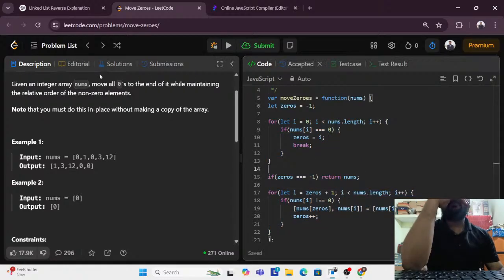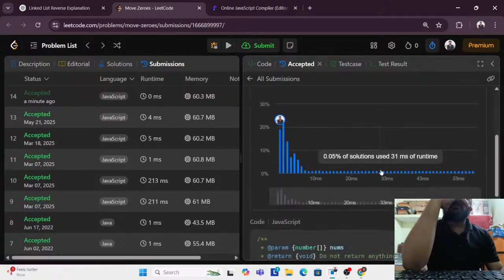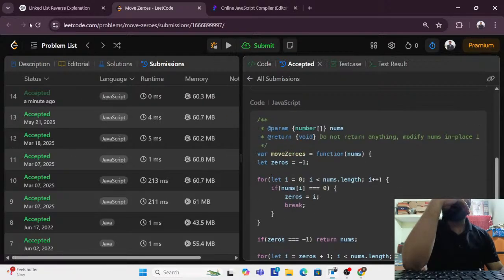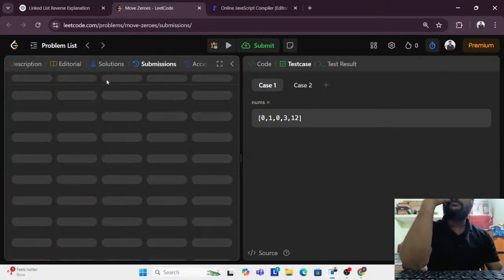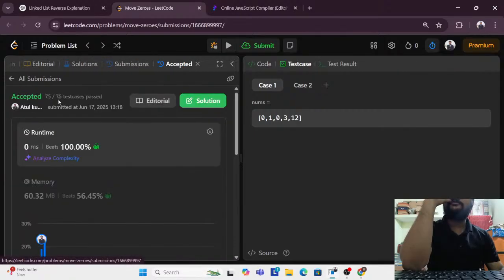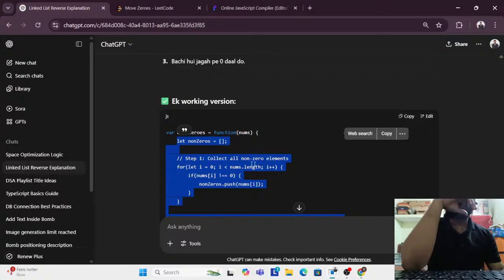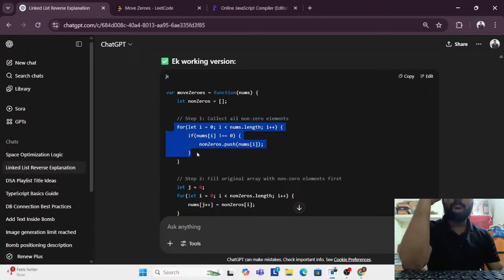And in the previous solution, if I show you, let's check it. Here, see, what was the problem here? Here we were using three loops and extra space.